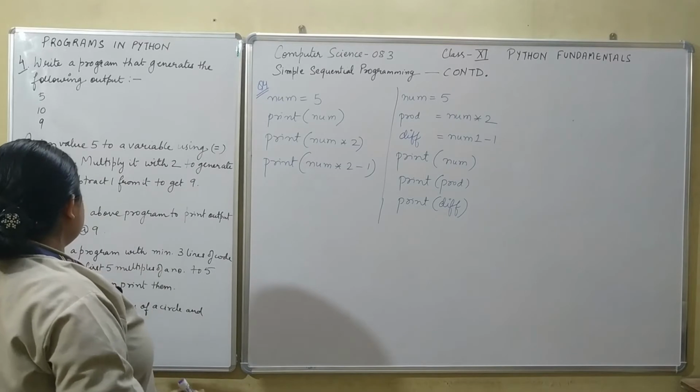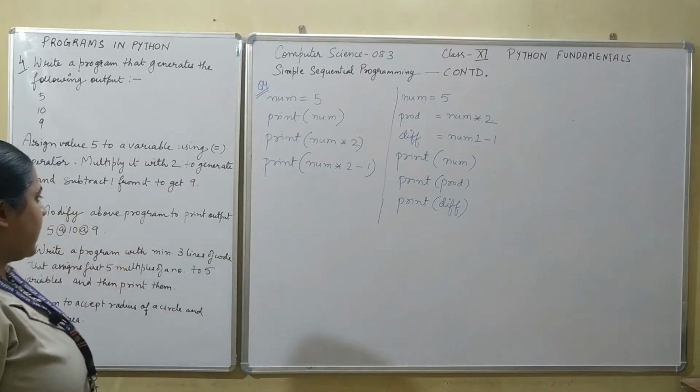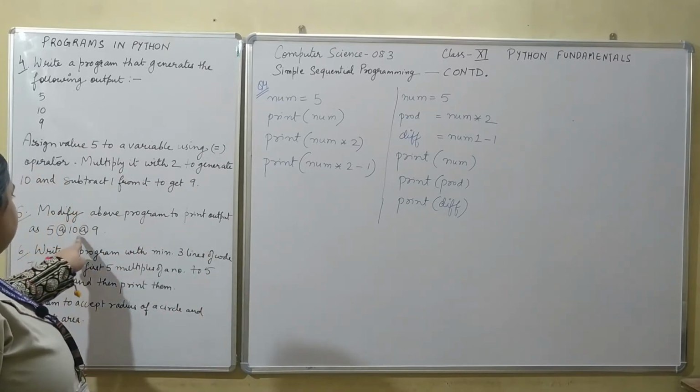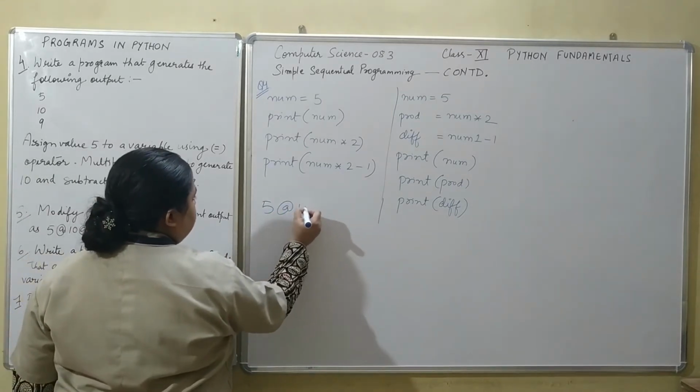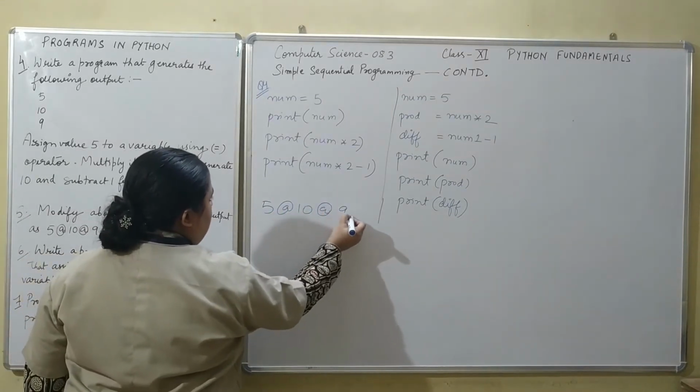So now the 5th question says modify the above program to print the output as this. So how to do this?